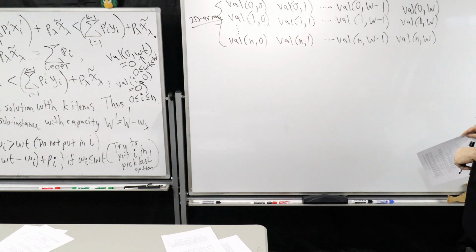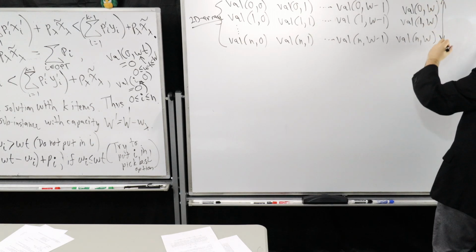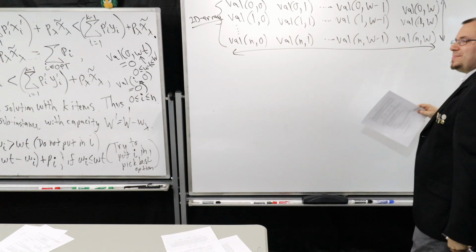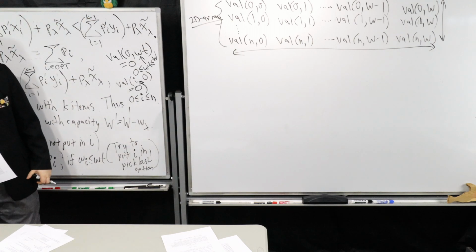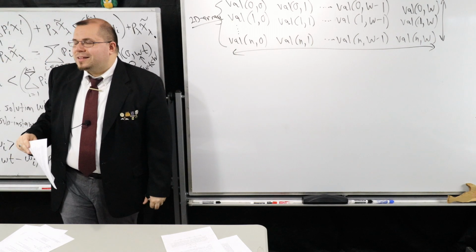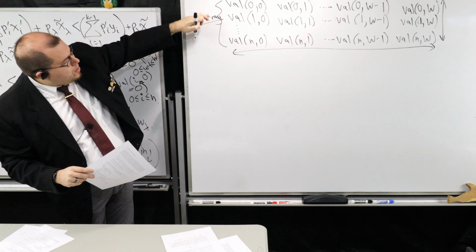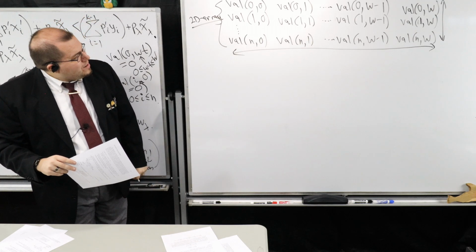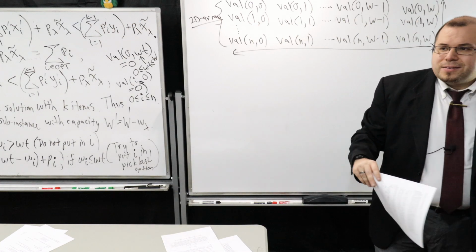By the way, what are the dimensions of this table? Can somebody tell me? This is going to be an important part of the analysis. So notice this goes from 0 all the way up to n, and it goes from 0 all the way up to W along the columns.